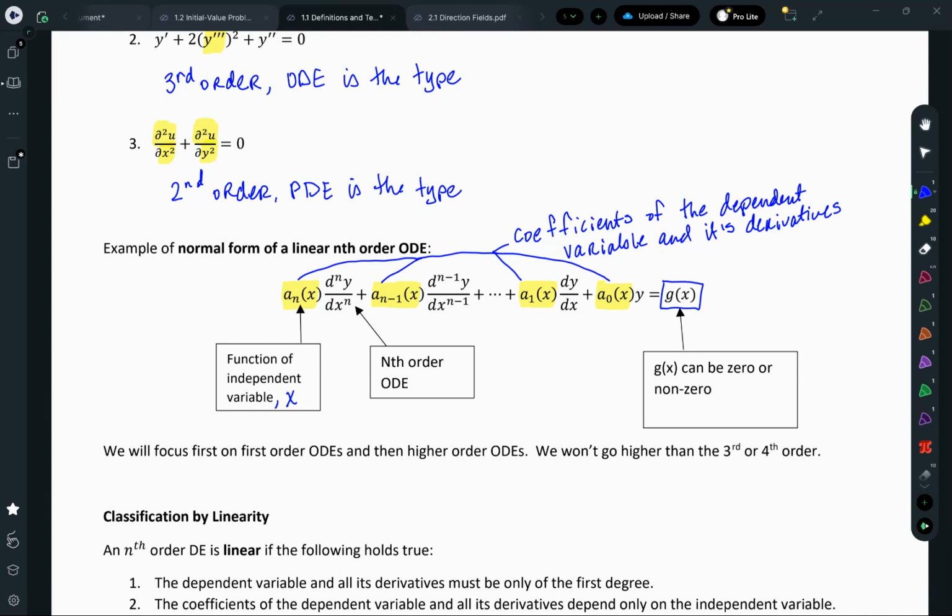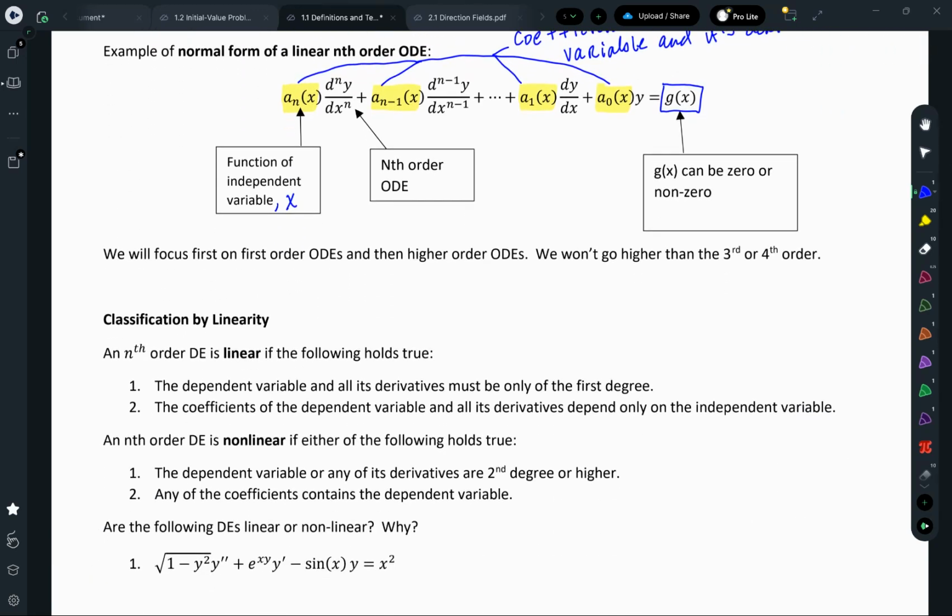There are no y's multiplied with it. It is simply a function of x, and it could be a constant, okay? And so this is our normal form of a linear nth order ODE. The reason that it's called linear, we're going to get to that right below, okay?